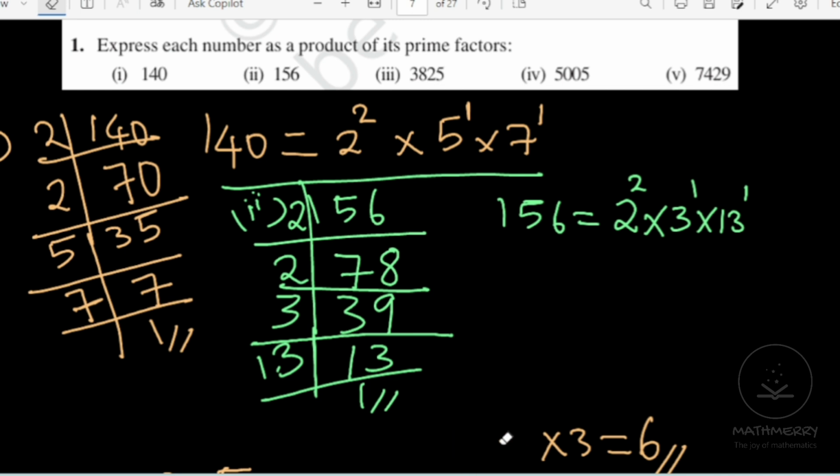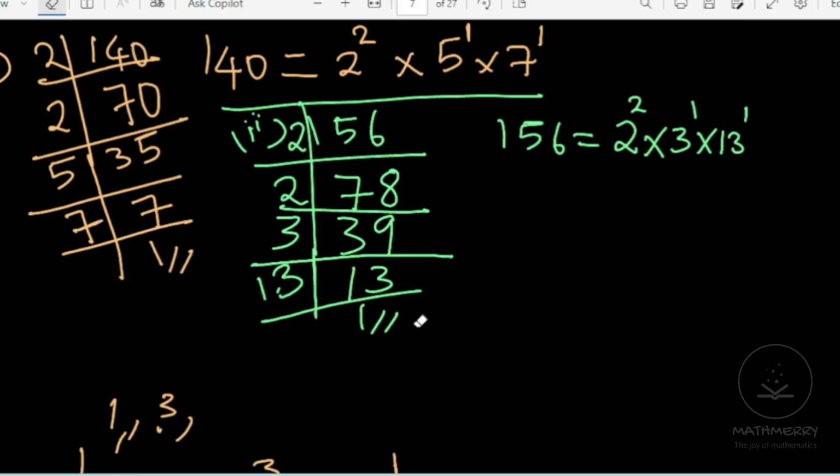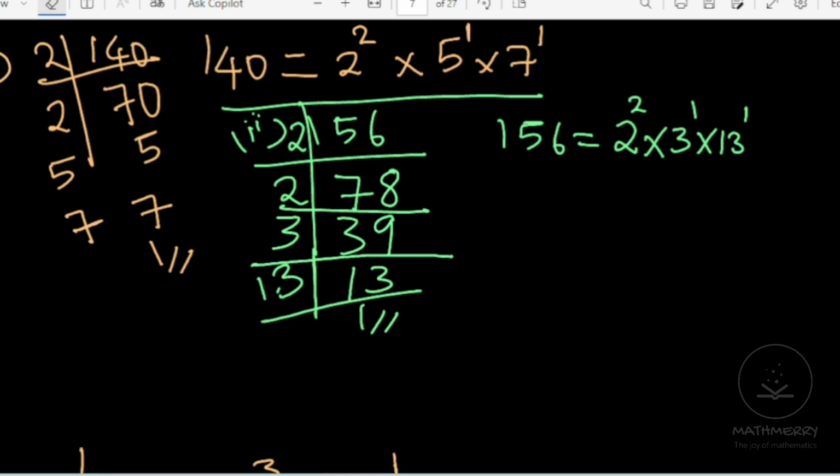So for 3825, can we start with 2? No, it's not an even number, so we have to look for other factors. So we can search for 3. So what we can do with 3? Now 3825 divided by 3.